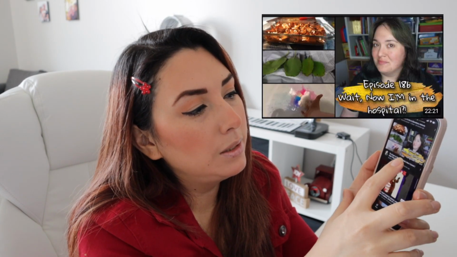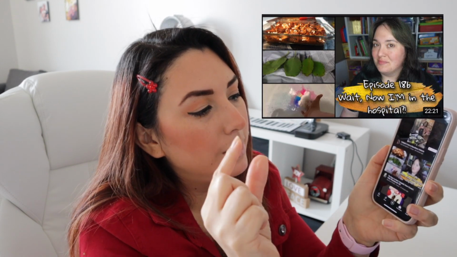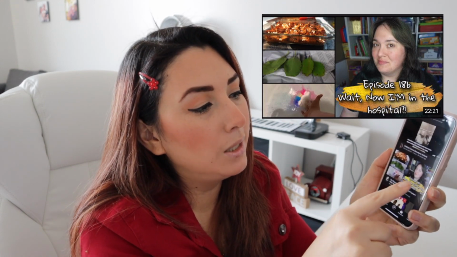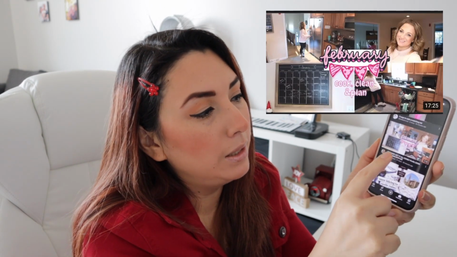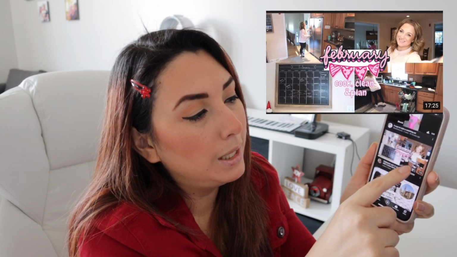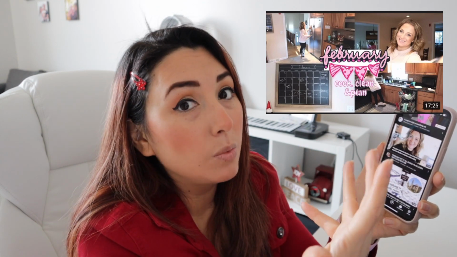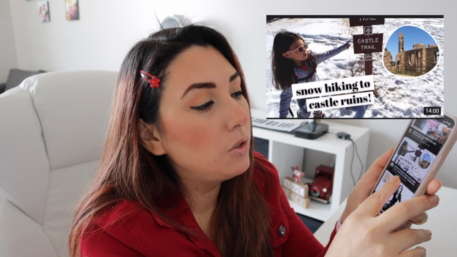This one, the letters are a bit small and she has a lot of pictures on her thumbnail, so I wouldn't suggest you to do that either. Maybe 2 or 3, but not that much. This one, the letters at the end, cook, clean, and plan, they are not in contrast with the background, so you cannot read those. This one, I love this channel.